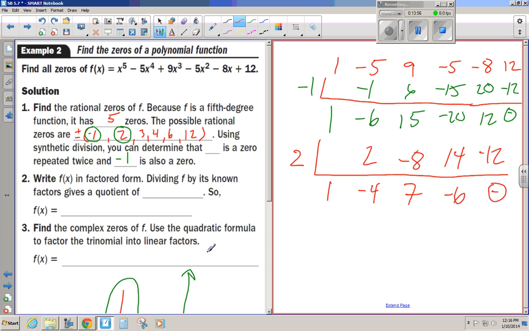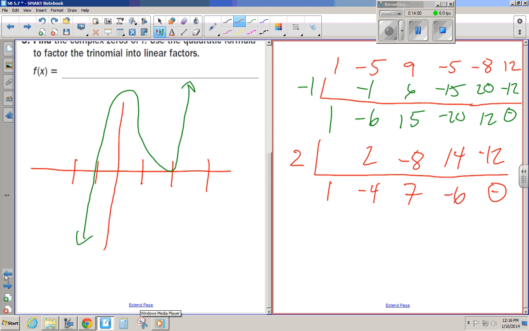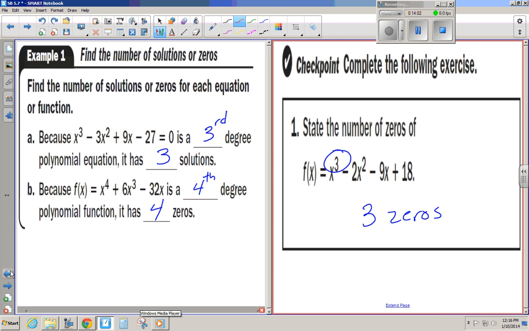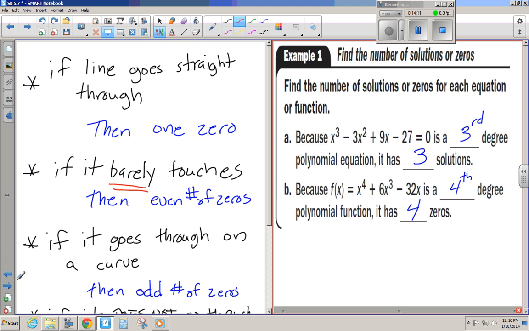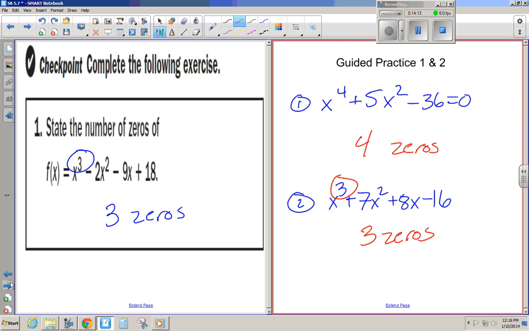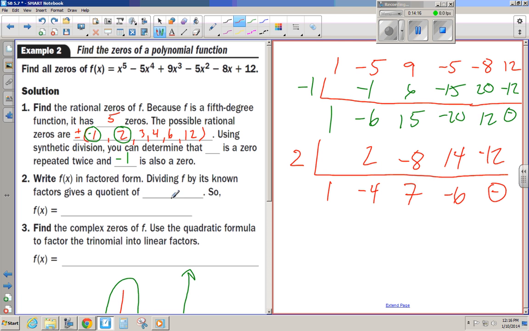So 2 works. But when I look at this graph, and I go back to the beginning of the video, I see that anything that barely touches has an even number of zeros. So that means that this number 2 can happen again.